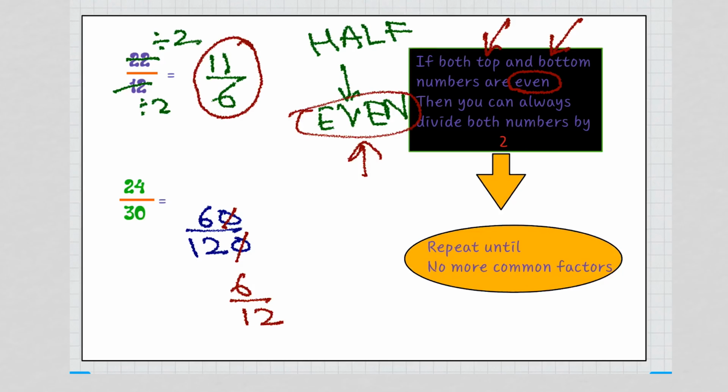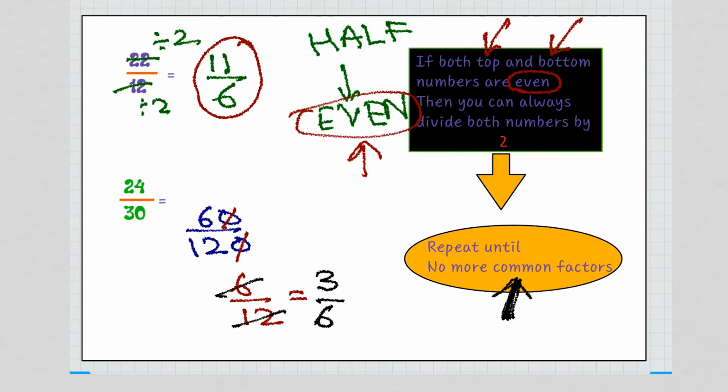Now both are even, you can divide by 2. 2 times 3 is 6, and 2 times 6 is 12. Then after this step, we repeat until there are no more common factors.